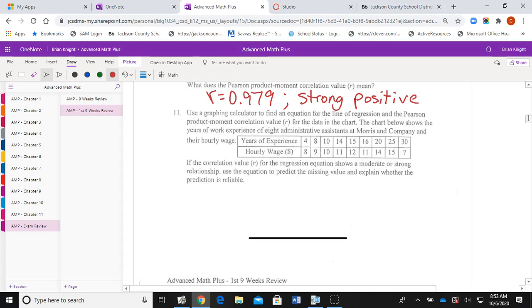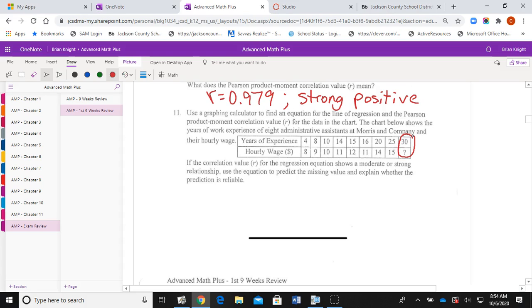If the correlation value R for the regression equation shows a moderate or strong relationship, use the equation to predict the missing value and explain whether the prediction is reliable. So, for the 11, you need to plug all the numbers in except that last one, because the 30 doesn't have a buddy to go with it. Does everybody see that? Okay, that's what you're trying to figure out.